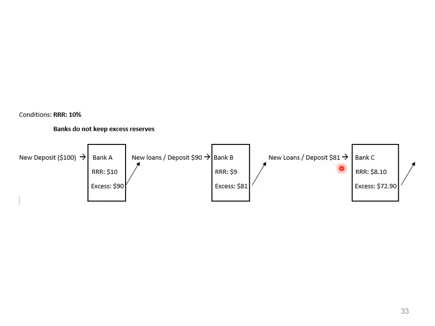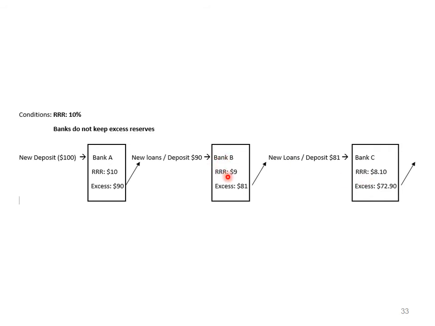We calculate the original 100 plus 90 plus 81, and when you imagine the process continuing from here, more deposits will be created down the process. You see that the amount of new deposits will be reduced as we move from one cycle to the next because of this RRR.